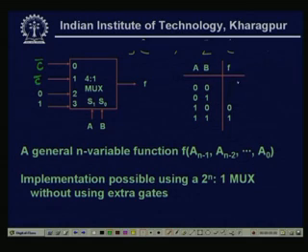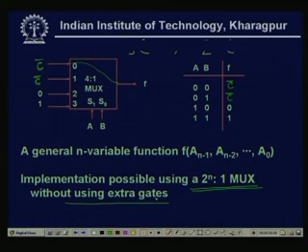That means when A B equal to 0 0, then C bar will be passed to F. When A B equal to 0 1, then also C bar will be passed to F. So, this is C bar, 0, 1. So, a general n variable function implementation is possible using a 2 to the power n to 1 multiplexer, because this is a 4 to 1 multiplexer, without using extra gates. So, this implementation is always possible.